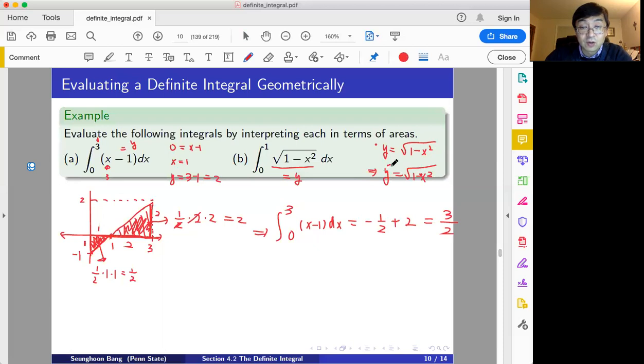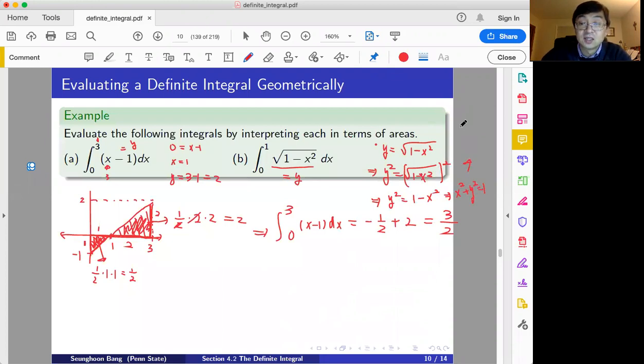We can square both sides. So y squared equals 1 minus x squared. Add x squared to both sides. What's that? x squared plus y squared equals 1.